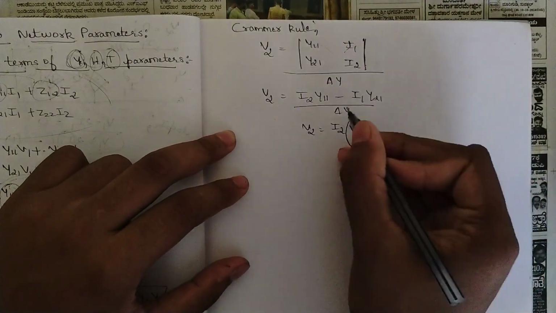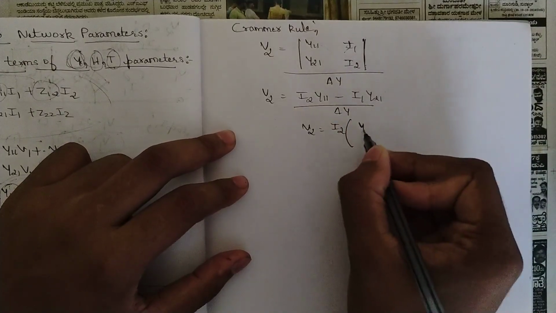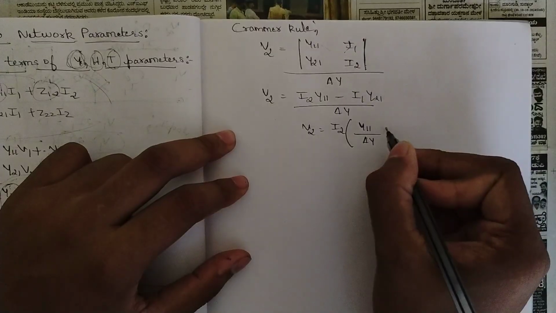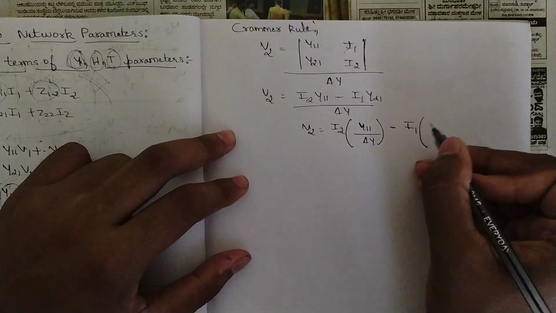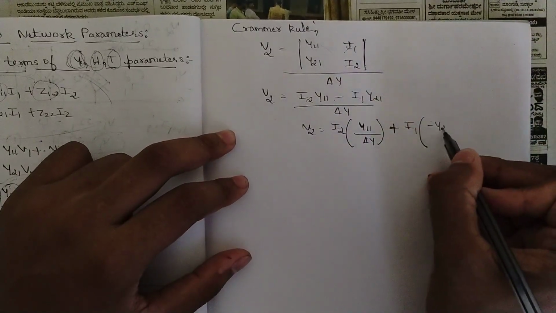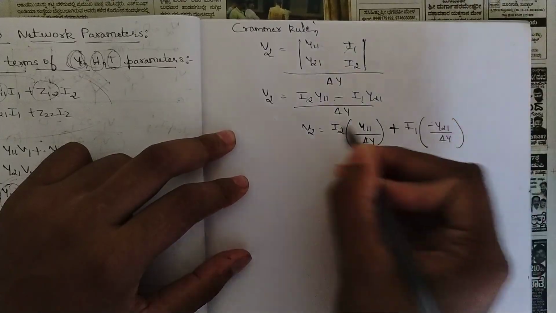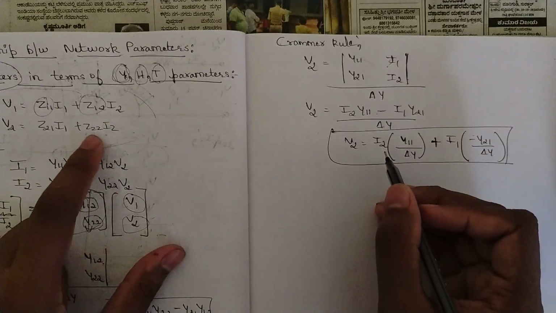Now I am just splitting the denominators and writing the terms separately, that is I2 into y11 by delta y, then minus I1 into y21 by delta y. So if you observe here, the coefficient of I2 is z22.